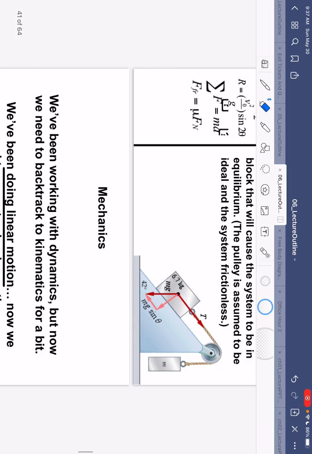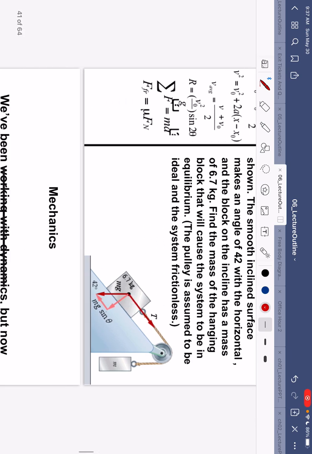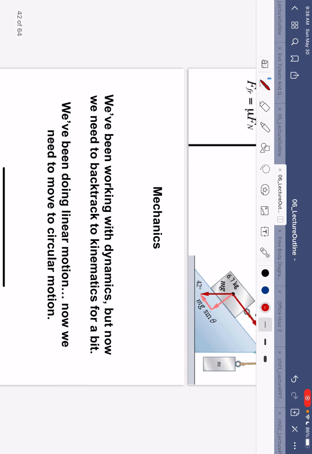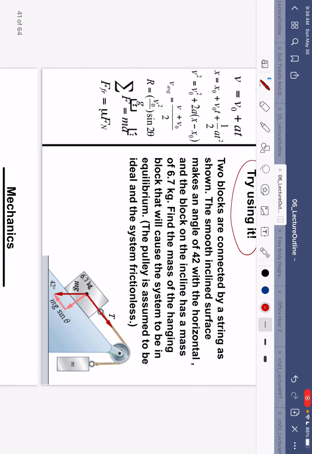Try this. I will say we are going to get this one as the exit ticket for chapter 6, because I need to test you on how you are going to solve problems like this one.